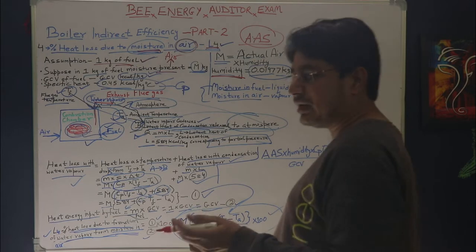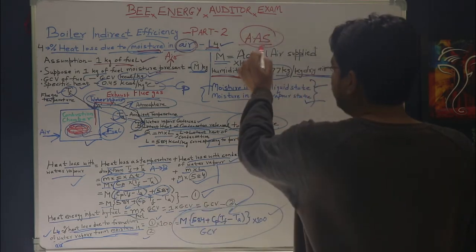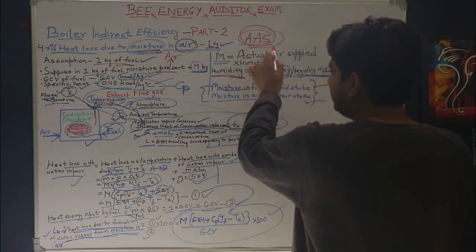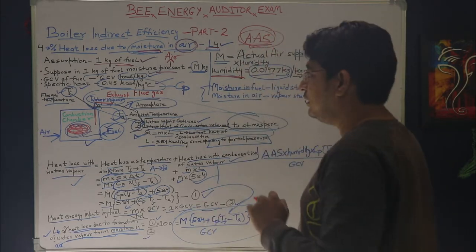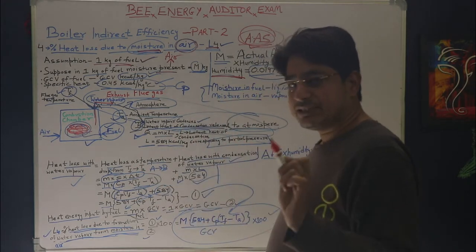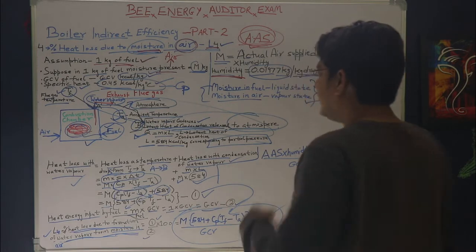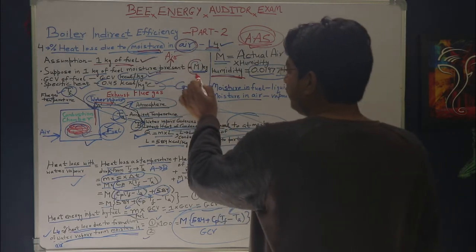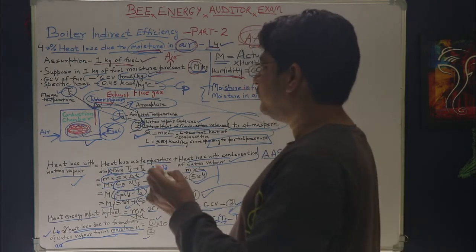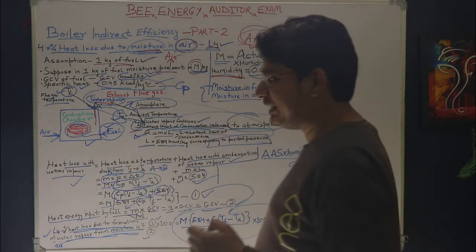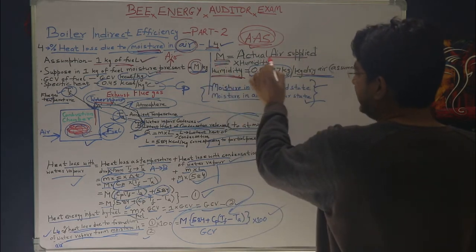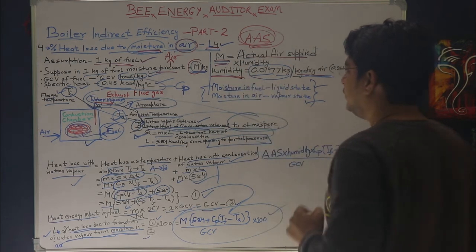So once I know the amount of actual air supplied, I can calculate the air supplied for 1 kg of my fuel. So if I get the value of the air supplied for 1 kg of fuel, I can easily calculate the amount of this M, that is the mass of water vapor formed because of the moisture present in air. So M can be calculated very easily like this: actual air supplied multiplied by humidity.